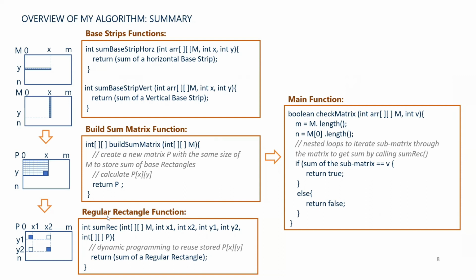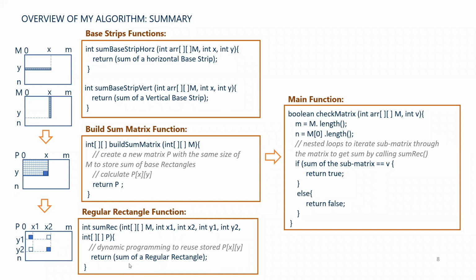The next function will be sumRec to calculate any regular rectangle. This function will take an existing matrix M, then integers x1, x2, y1, and y2, which are 4 corners of the rectangle, and take this matrix P, return sum of the regular rectangle.